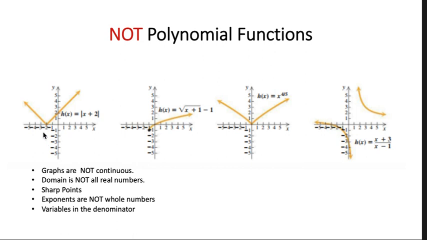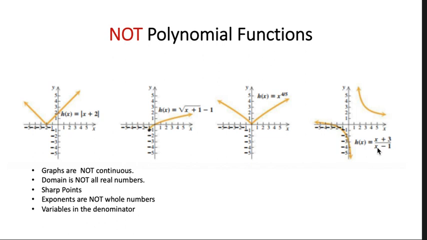There are sharp points on these two graphs, and there can't be sharp points for a polynomial function. The exponents are not all whole numbers. Here you have an example of an exponent that's not a whole number. And here we have an example of a variable in the denominator.